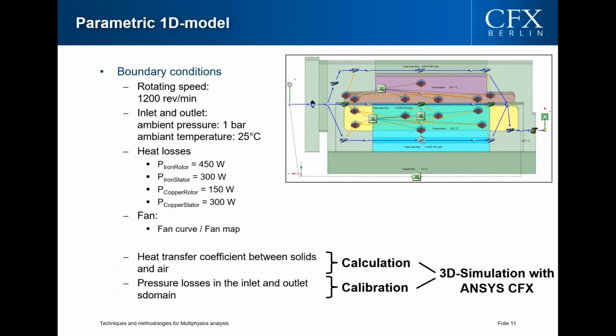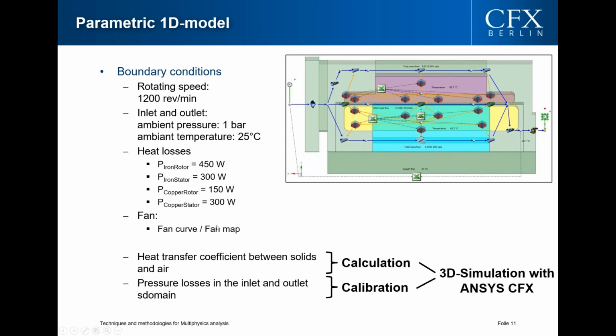You can see here some boundary conditions. You have to define the rotating speed. For this example, it was 1,200 revolutions per minute. Then you have to define the conditions at the inlet and outlet. For this example, it was just 1 bar and 25 degrees. And then you have to define the heat losses in the different parts of the motor. These heat losses are just defined as a parameter in the different Excel sheets.